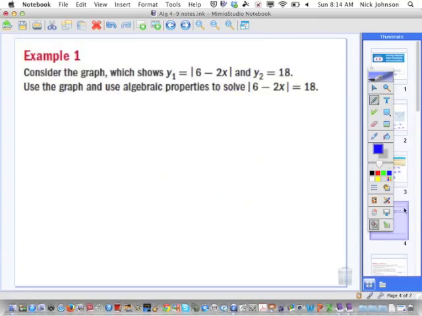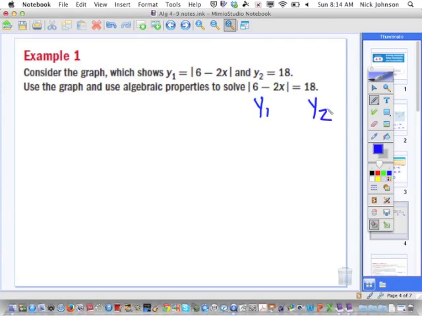Example 1 says, consider the graph which shows y1 equals the absolute value of 6 minus 2x and y2 equals 18. Use the graph and use algebraic properties to solve the absolute value of 6 minus 2x equals 18. So we're going to use our graph for this. So I'm going to make this my y1. I'm going to make this my y2.